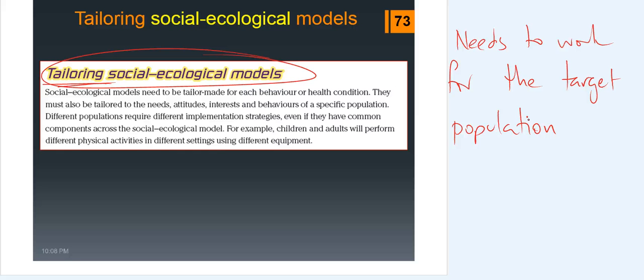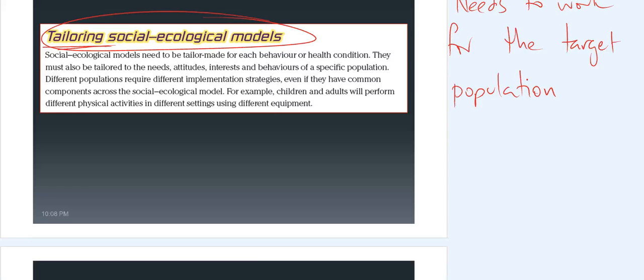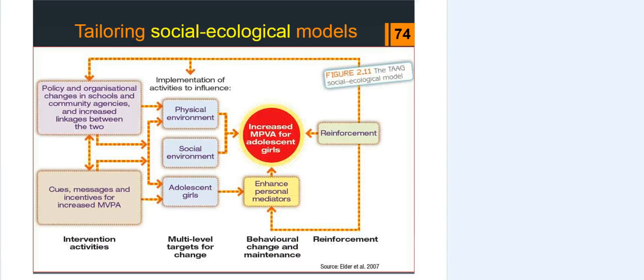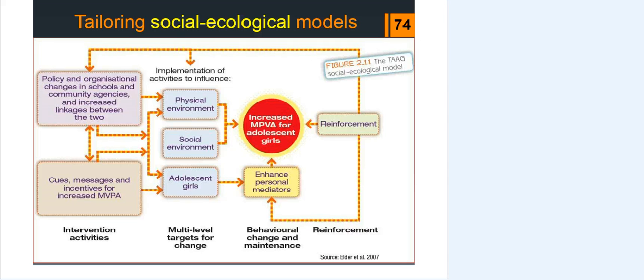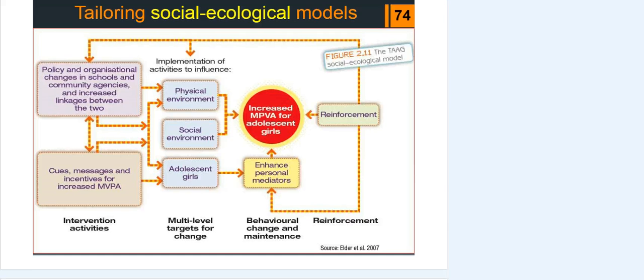However, if there are no places at school for them to store their bikes, then chances are very, very few people will in fact ride to school. So it needs to be tailored so that the group that's being targeted can actually succeed. And an example from the textbook.